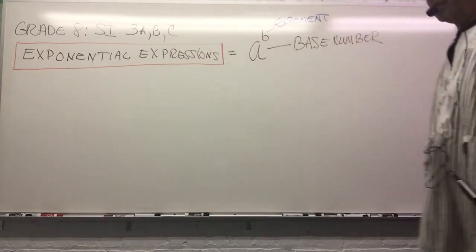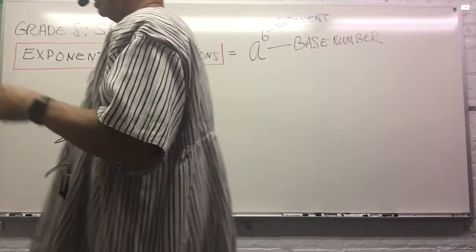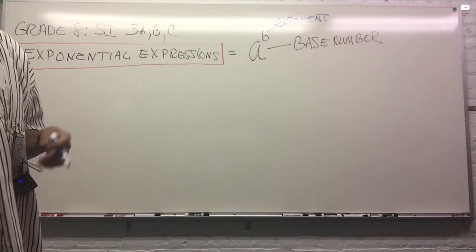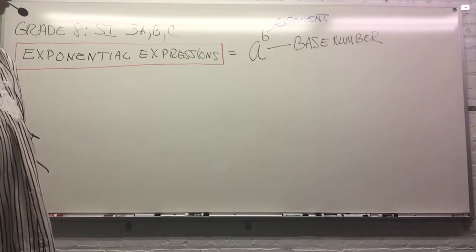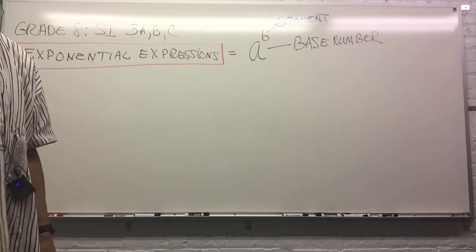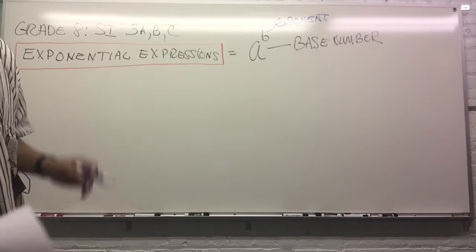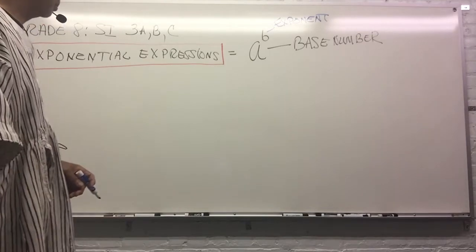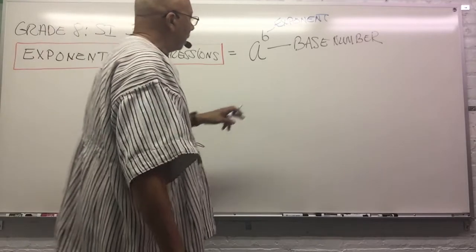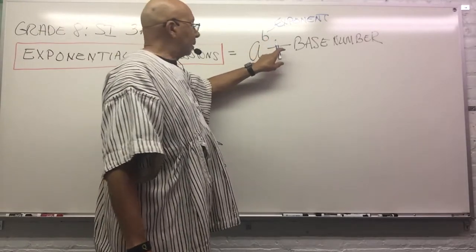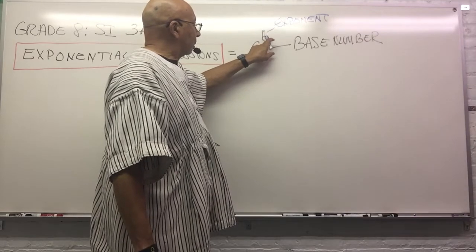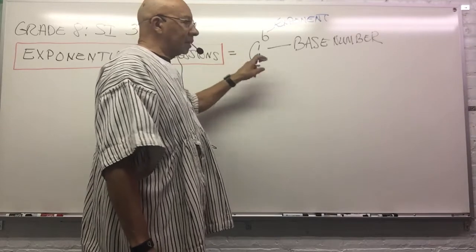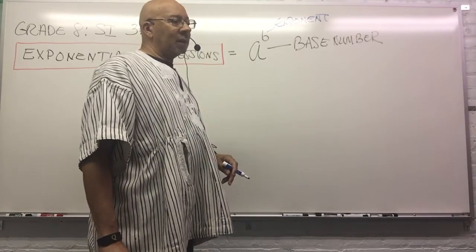So what does this mean? The base number and the exponent. Well, the base number will be a number like 1 through 9, and the exponent will also be a number 1 through 9. And what it explains to us, which is not that complicated, is that the exponent number tells us how many times the base number will be used as a factor.